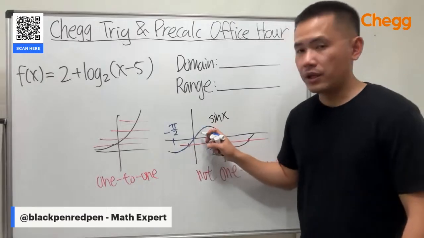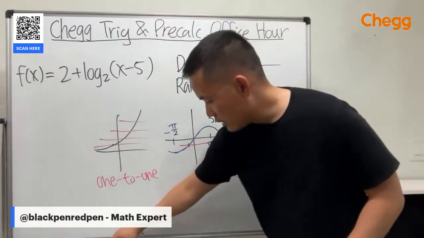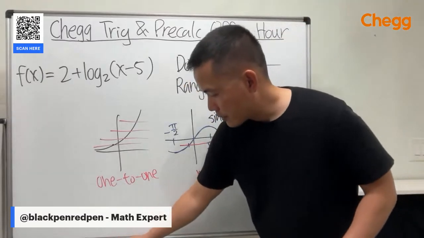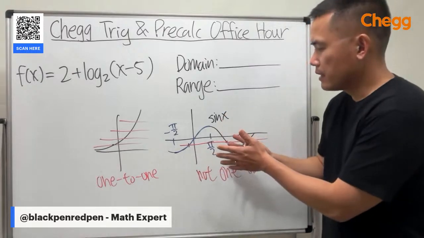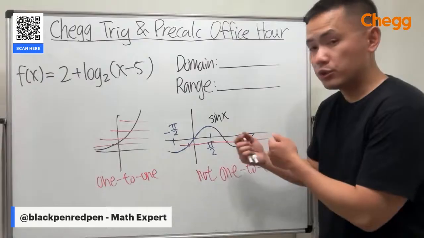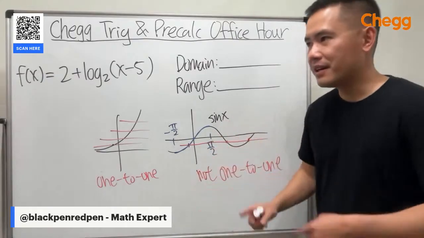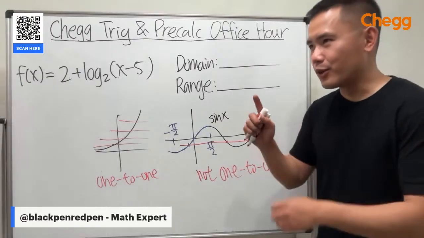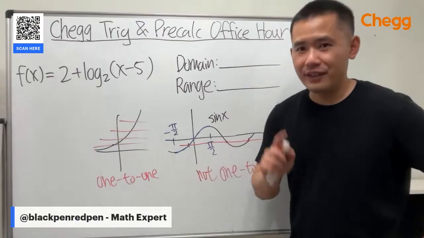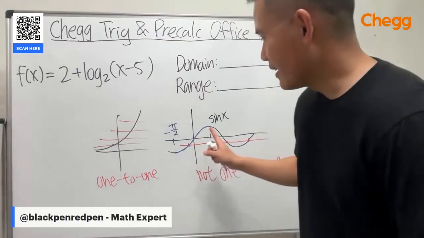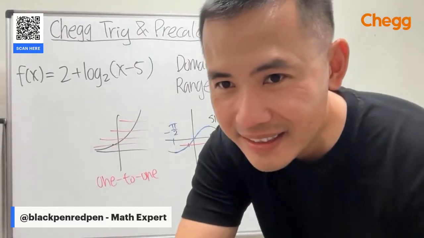Then in this interval here, it is one-to-one, and then you have the inverse. And in this situation, to find the domain and the range, you should really be focusing on the restrictions of the domain of the original, which is going to be the range of the inverse. There you go. So I think that's the question that you were asking.